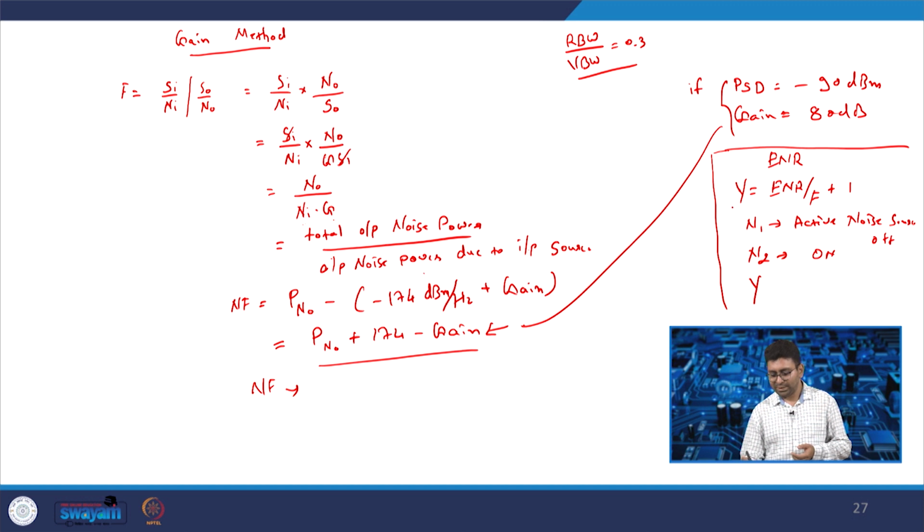You have Y available, you have the excess noise ratio available, so you can easily find the noise factor. In measurement, these two techniques are widely used to find the noise figure of any system or any component. We will try to move to the next part of the course.